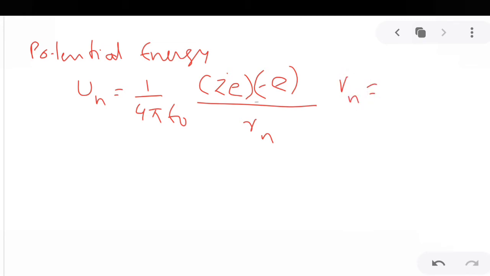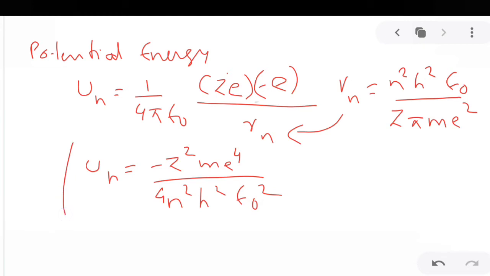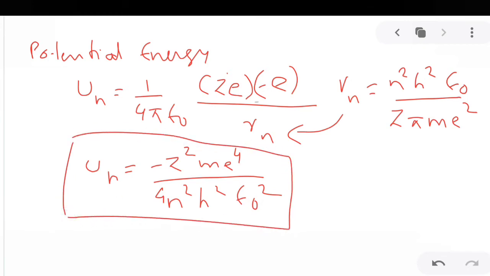Rn we have already calculated in the previous videos, radius of electron in nth orbit: n square h square epsilon naught divided by z pi m e square. You just plug in this value so that you will get the potential energy in nth orbit as minus z square m e power 4 divided by 4 n square h square epsilon naught square. So this is the expression for potential energy.